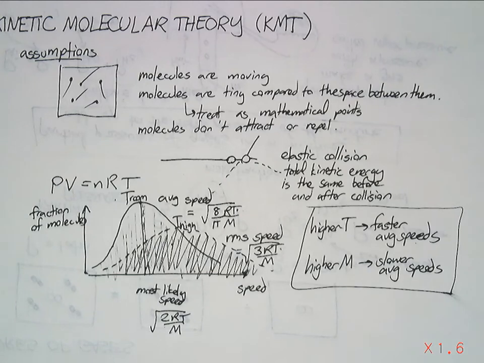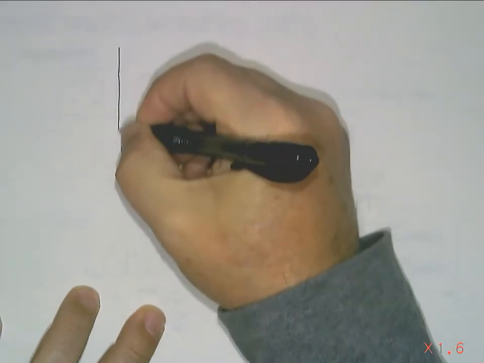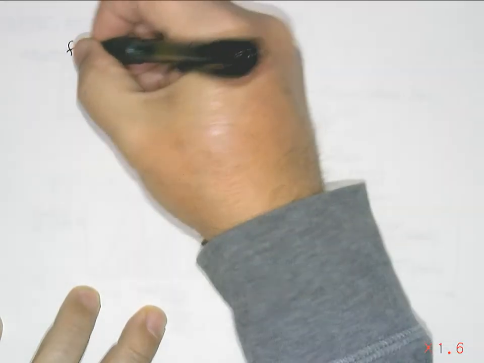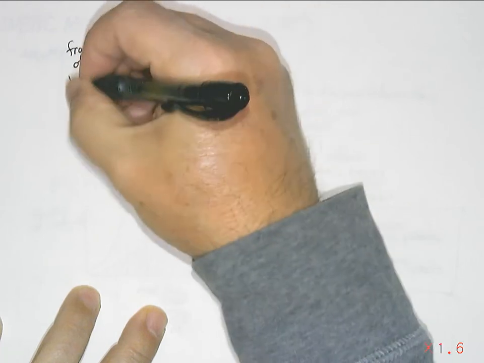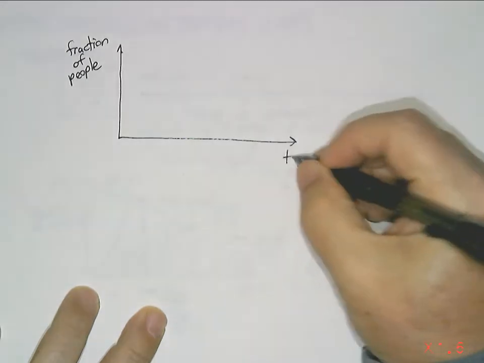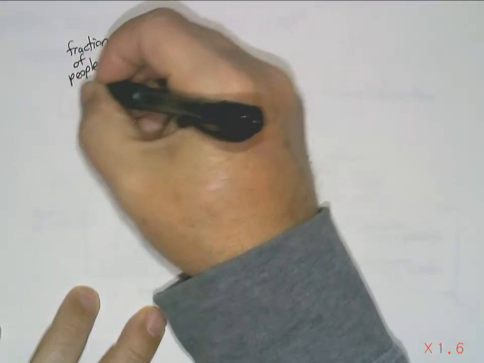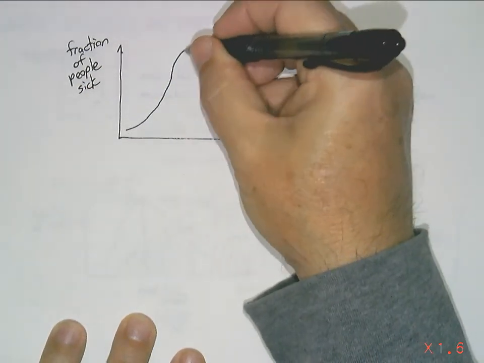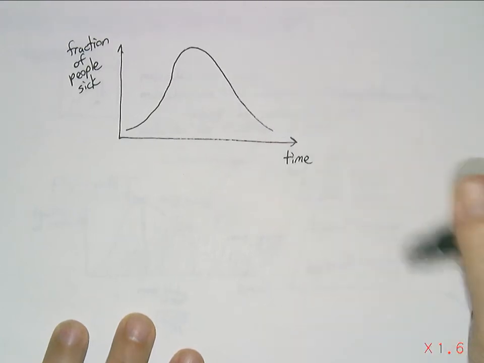In the current time, our lives are kind of being upset by exponential curves like this. If you look at the fraction of people who are sick in an epidemic over time, you get an exponential curve that mathematically is very similar to the one we were just looking at.